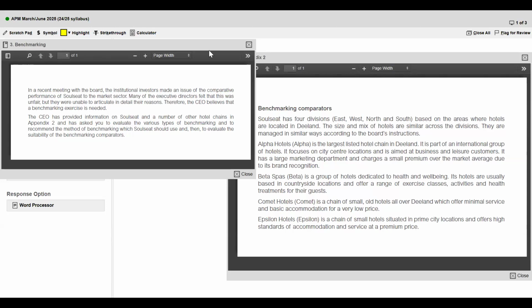Okay, and what do you think is the most appropriate benchmark organization?